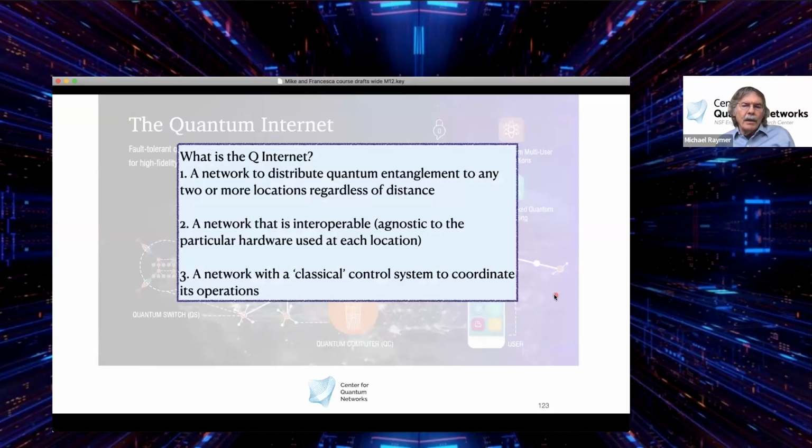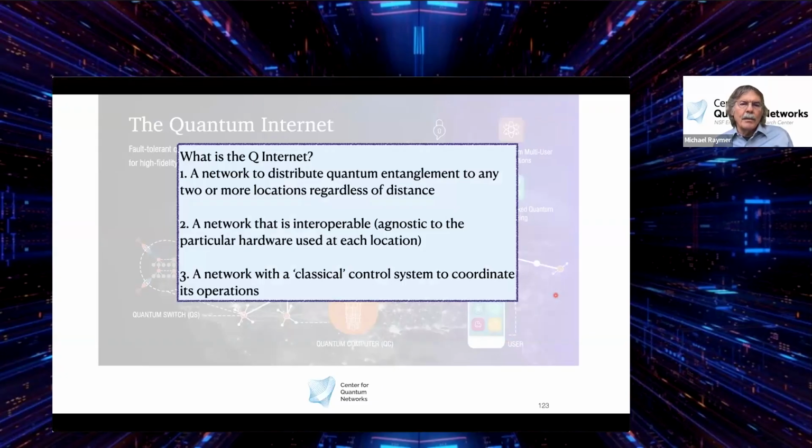Okay, so to back up again for a broader perspective, what is a quantum internet? And then how do we build it? So it's a network to distribute quantum entanglement to any two or more locations, regardless of the distance. And at the same time, it should be interoperable between many different types of quantum systems. Like Alice could be using atoms, like a single atom, like I showed earlier, and Bob could be using, say, a special kind of atom that's embedded inside of a diamond crystal.